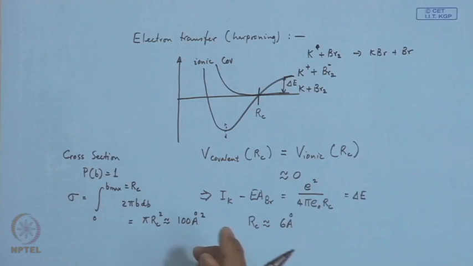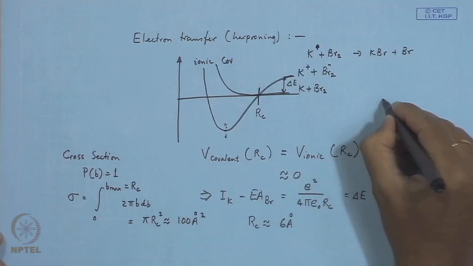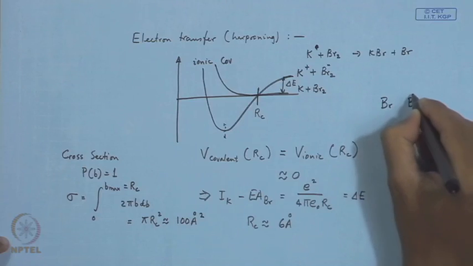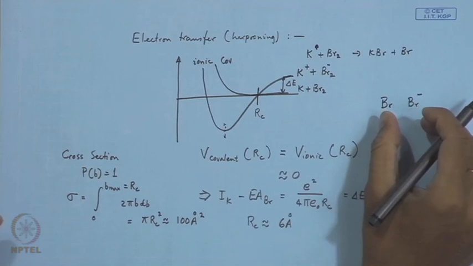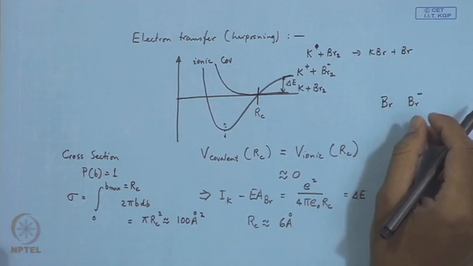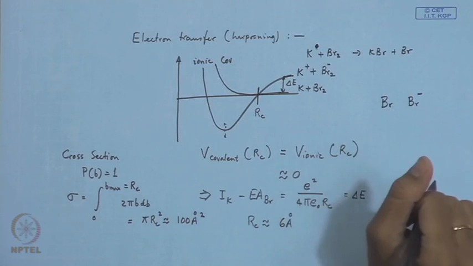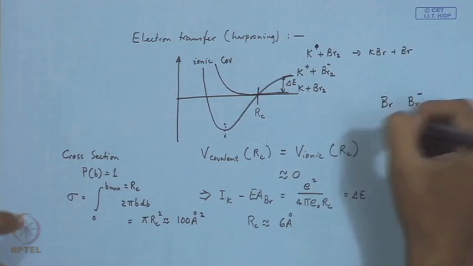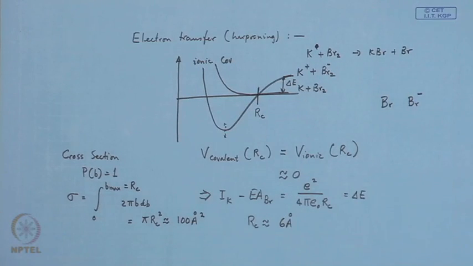So, Br minus is formed with an internuclear separation such that there is little repulsion between Br and Br minus. They are at such a separation that there is barely a repulsion, and K plus carries off this Br minus, because they are not repelling each other.